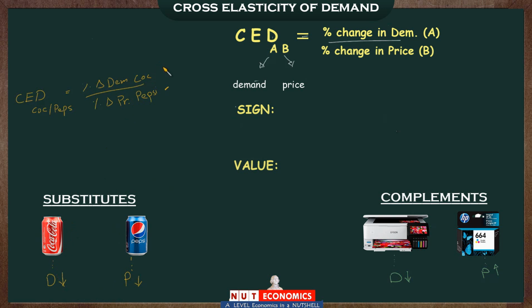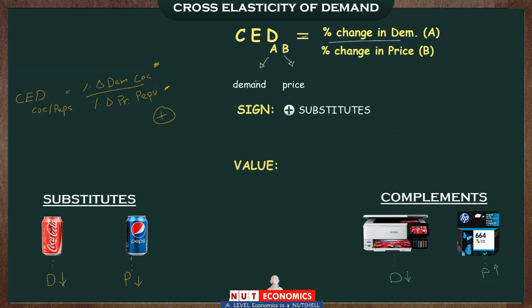So the percentage change in demand will also be negative. So you will end up dividing a negative by a negative, and therefore your answer will come out positive. The negatives cancel out. And that is what you need to remember: a positive CED tells you that the two goods you are measuring the CED for are substitutes. If one good becomes cheaper, the demand for the other substitute will fall. People will move towards this cheaper good.